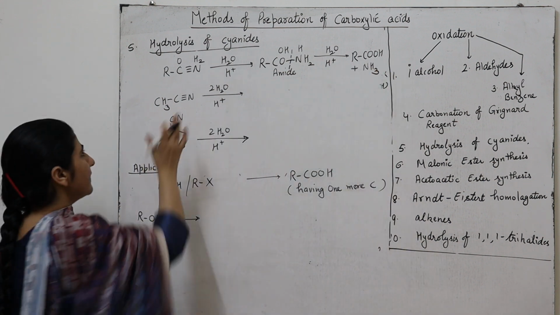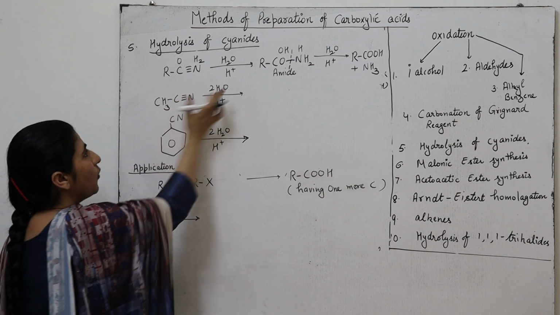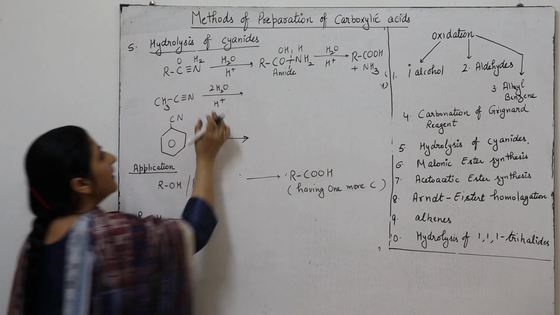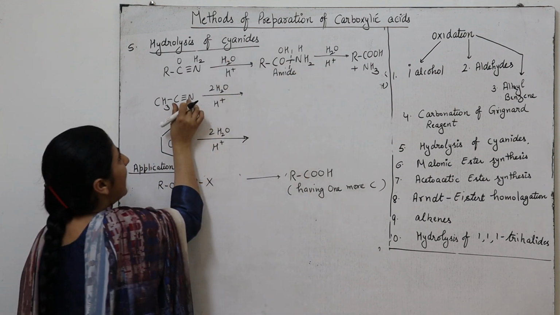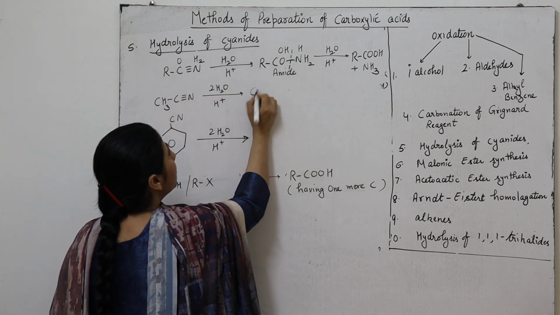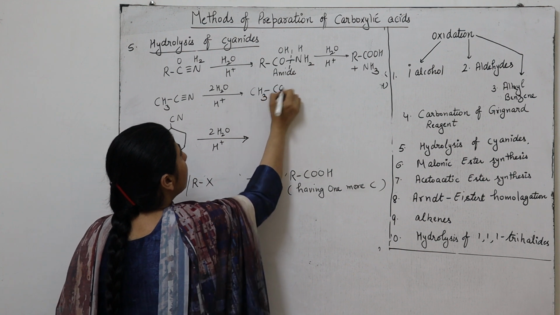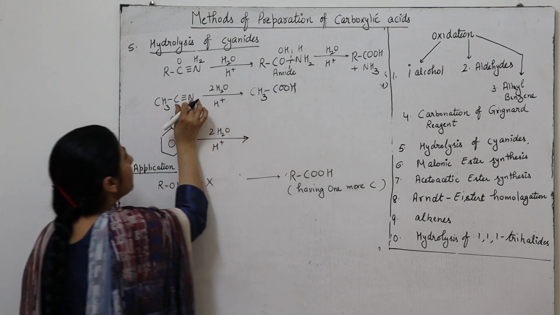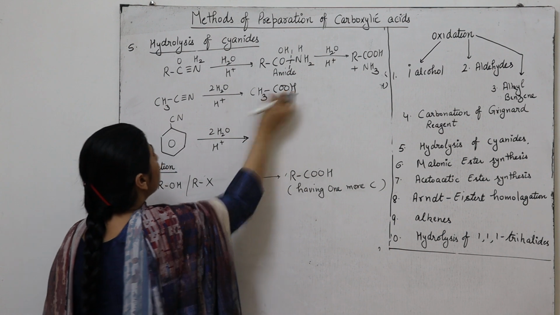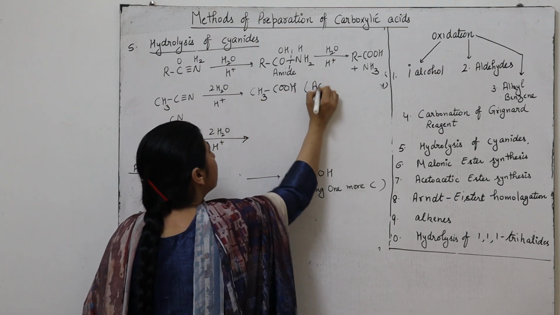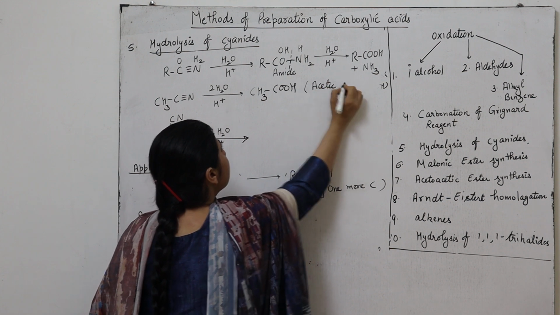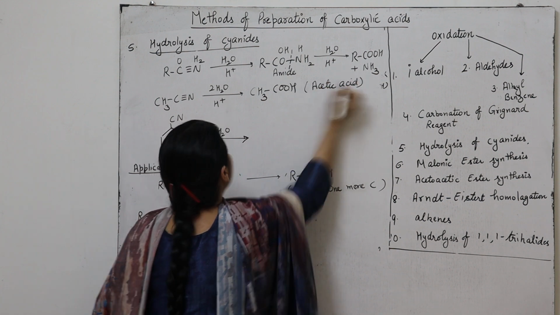Here I am taking the example of methyl cyanide, which undergoes hydrolysis in the presence of acid. I am taking two molecules of water, and that means the cyanide group is directly converted into a carboxylic acid, while the methyl remains as such. So we get acetic acid. There is a formation of acetic acid from methyl cyanide.